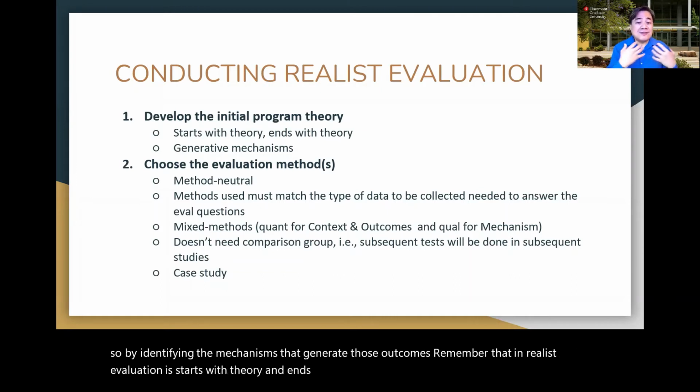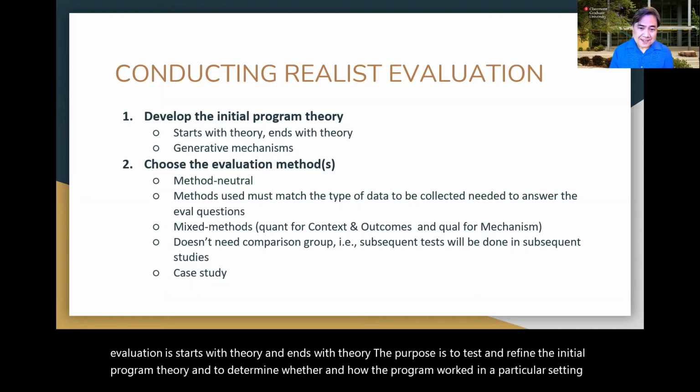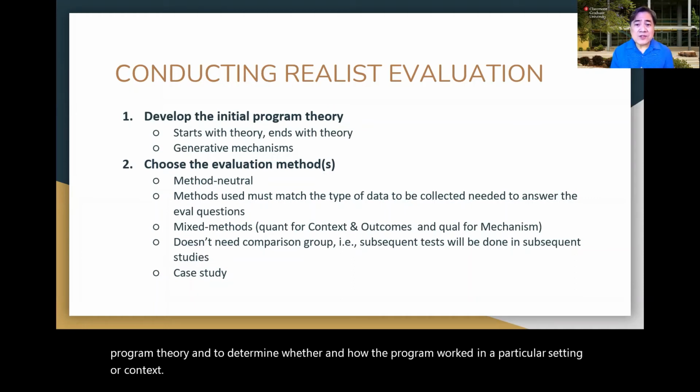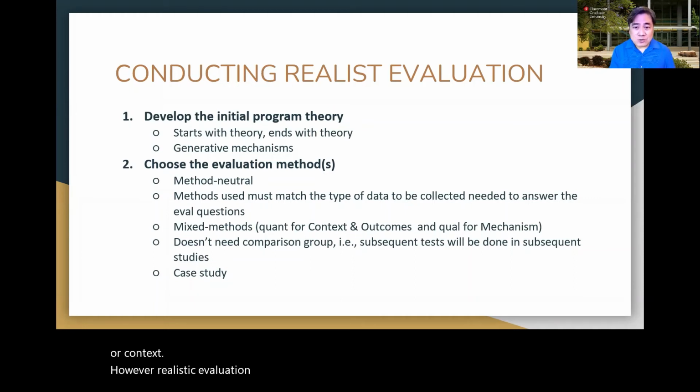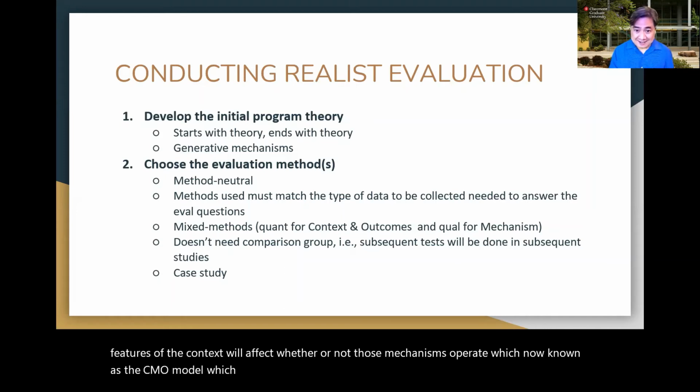The purpose is to test and refine the initial program theory and to determine whether and how the program works in a particular setting or context. However, realist evaluation specifies what mechanisms will generate the outcomes and what features of the context will affect whether or not those mechanisms operate, which is now known as the CMO model, which Salam earlier discussed with us already.